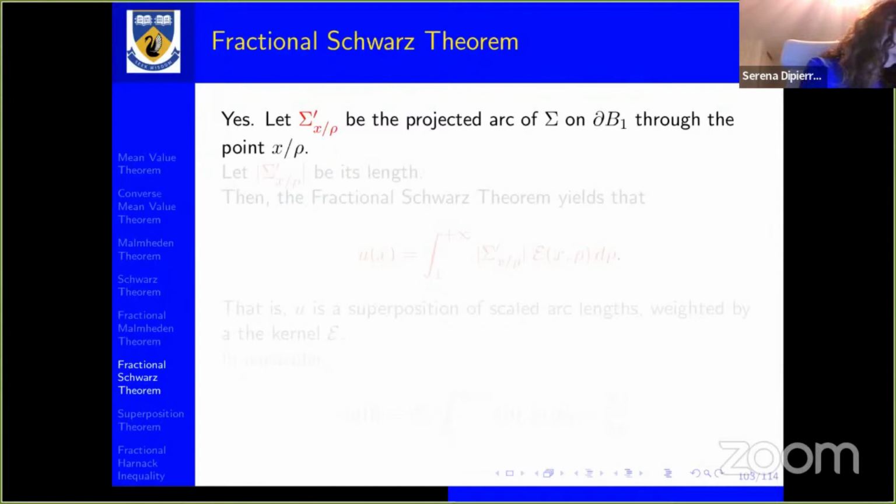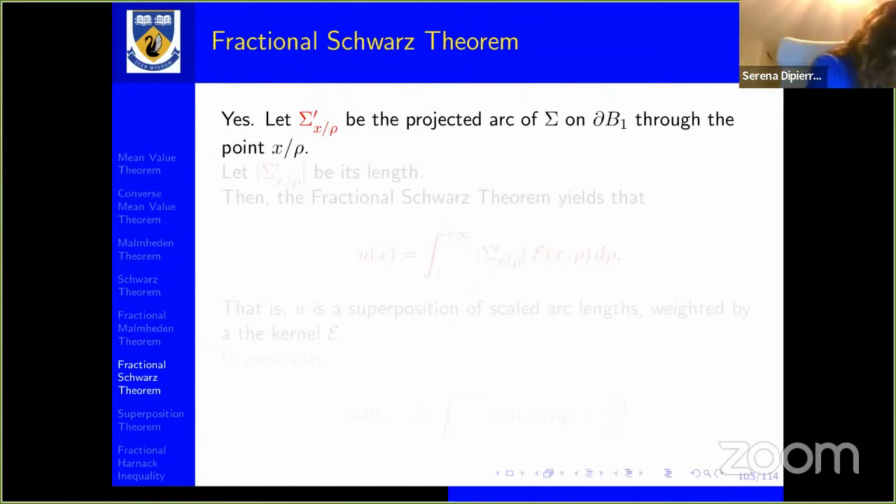I'm very bad at drawing pictures, so this is going to be bad. So this one that I try to color in red is my arc sigma. And then I take a point x over rho, which is now inside the ball.